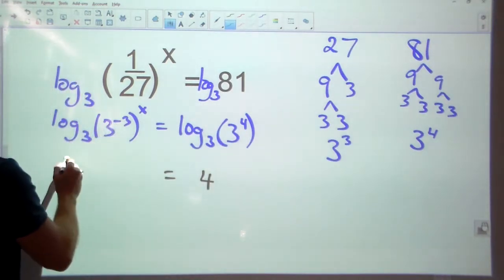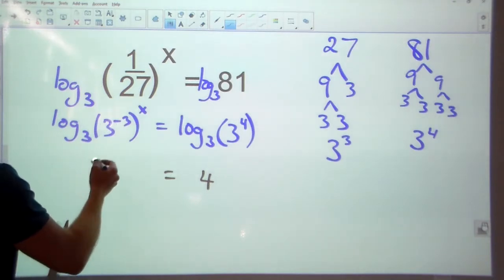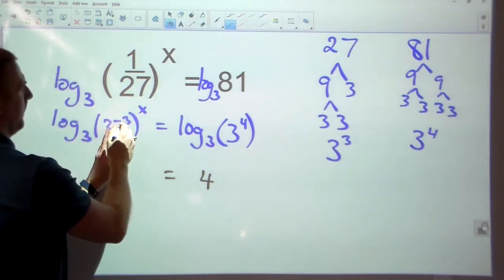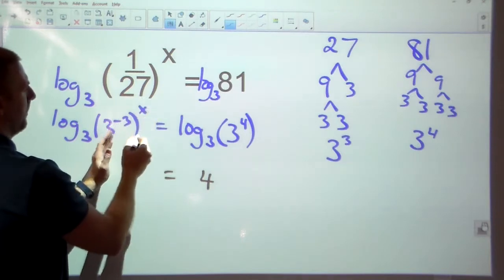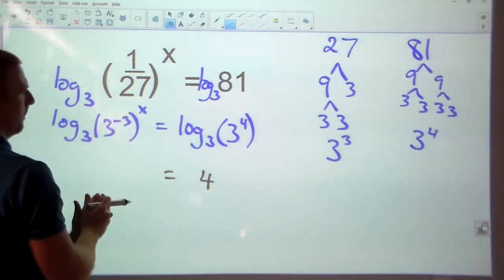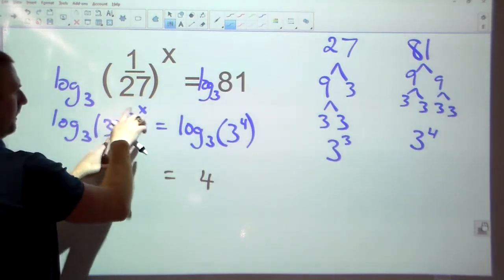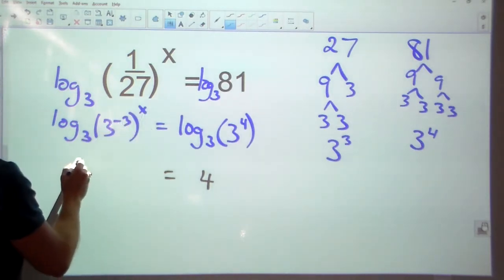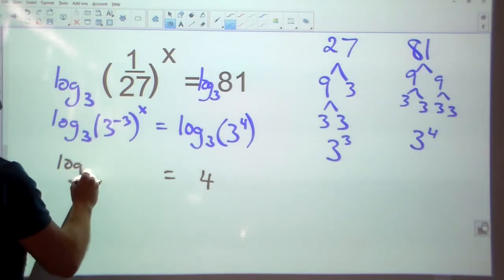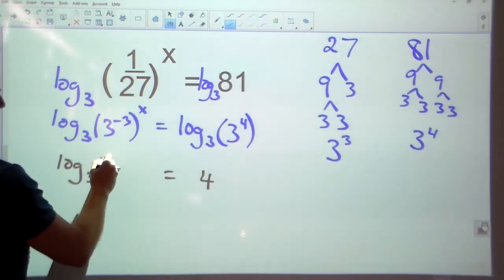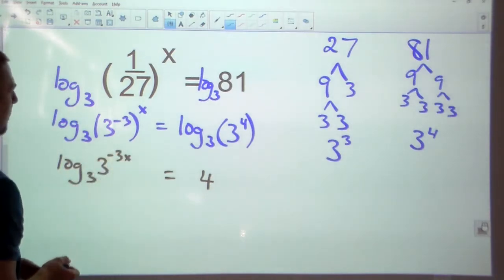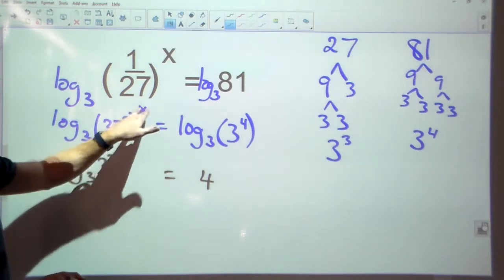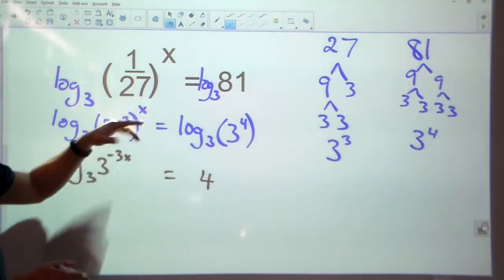So at this stage, I've got 3 to the negative 3, but then it's to the x also. When something gets raised to an exponent, the 3 is going to get raised to that power, but the exponents can be multiplied. So let's go ahead and rewrite it that way. So 3 to the negative 3x. Because again, if you have something raised to a power, the exponents multiply together.